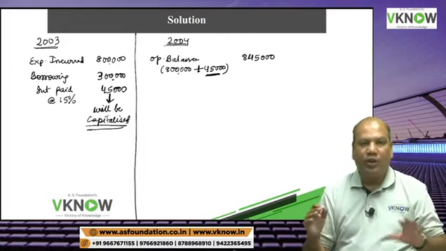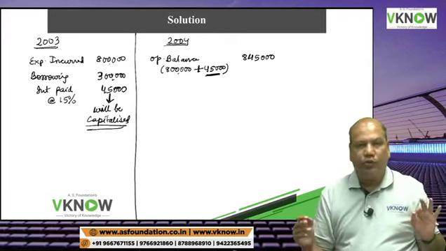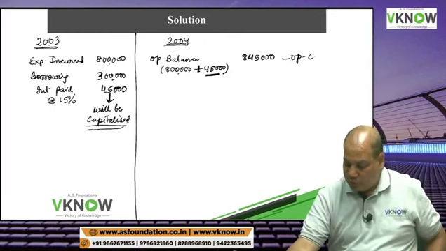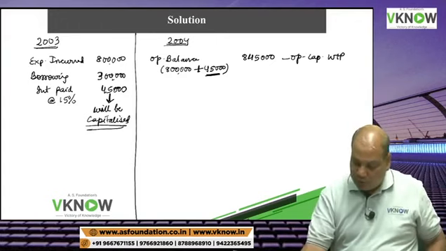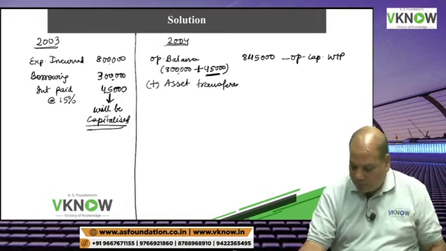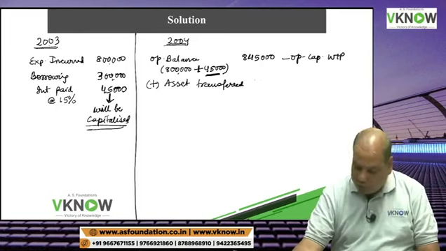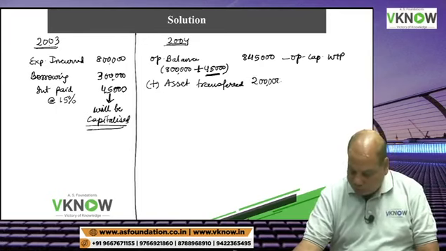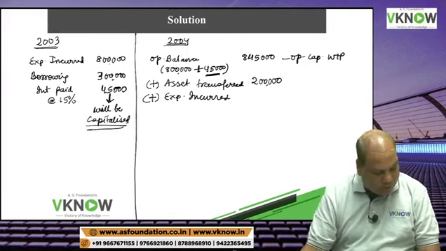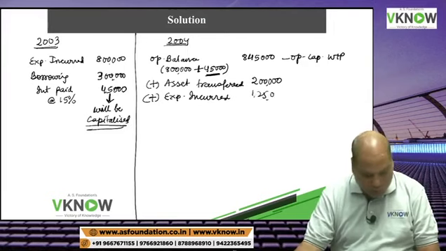So when I start year 2, 2004, I will have an opening capital WIP of 8,45,000, and in this year we have transferred one asset to the project, which was 2 lakh, and some expenditure incurred on construction work was 1,25,000.